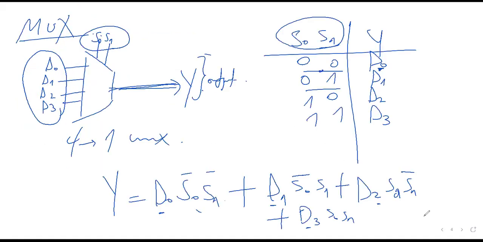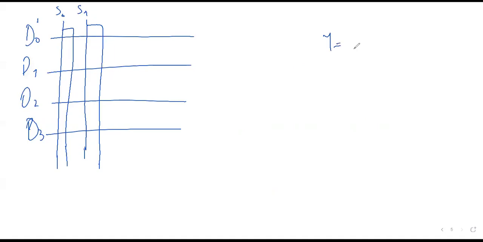Right, back to my equations. Y is equal to D0 S0 bar S1 bar plus D1 S0 bar S1 plus D2 S0 S1 bar plus D3 S0 S1.